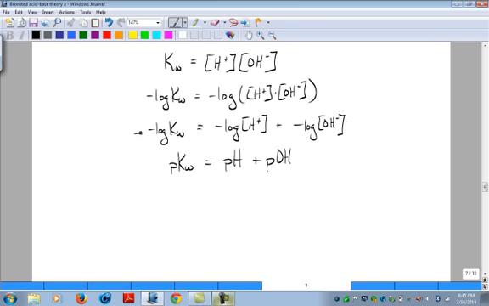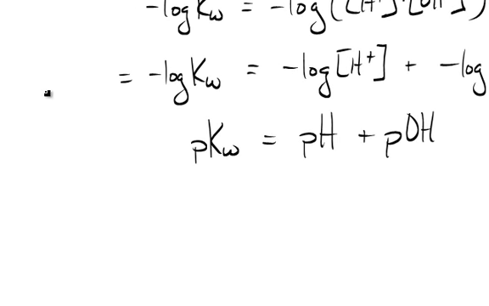And since Kw at 298 Kelvin is 1 times 10 to the minus 14, if we want to use 3 sig figs, the negative log of 10 to the minus 14 is 14.